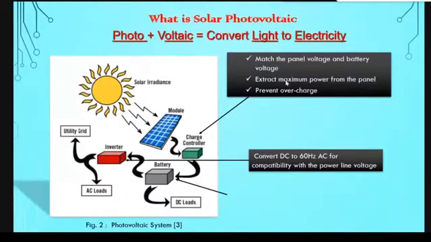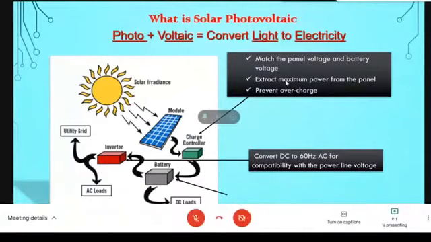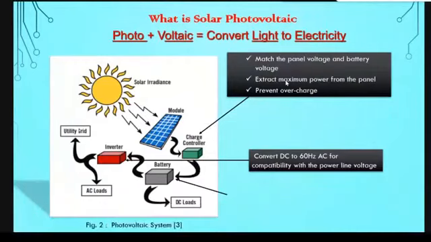Light energy can be converted into electrical energy, and the system required for this conversion is called the solar photovoltaic system.